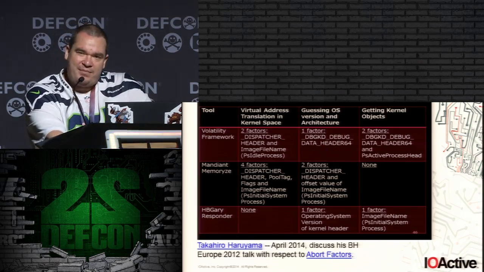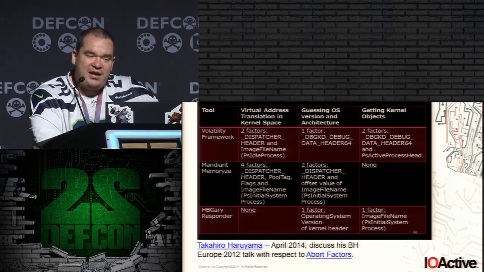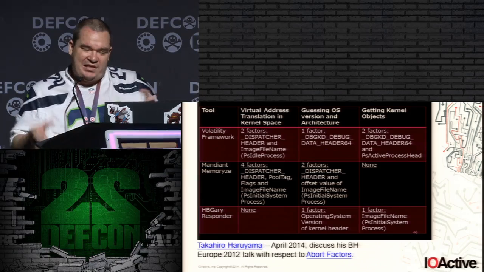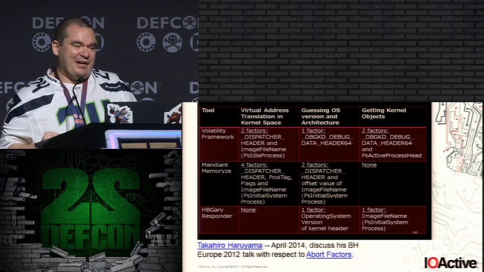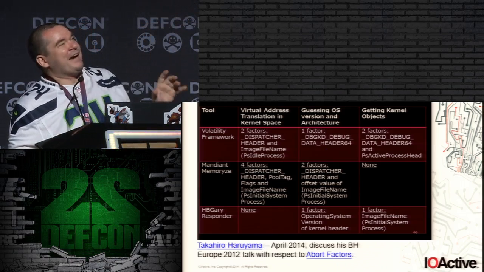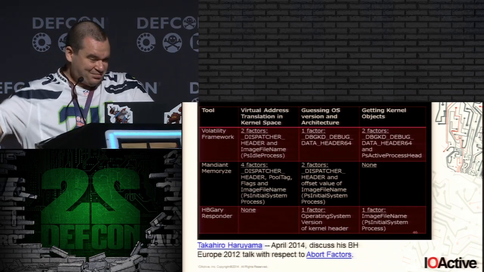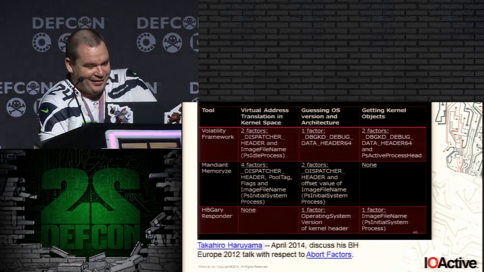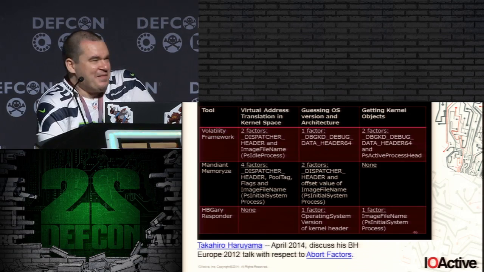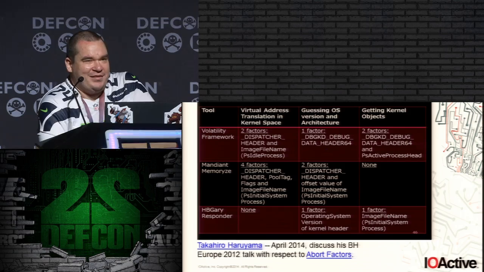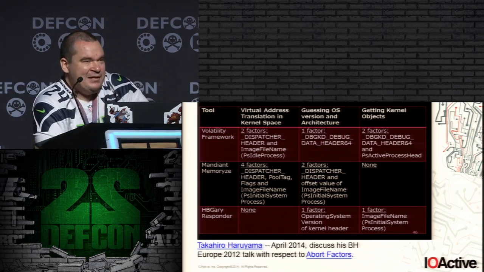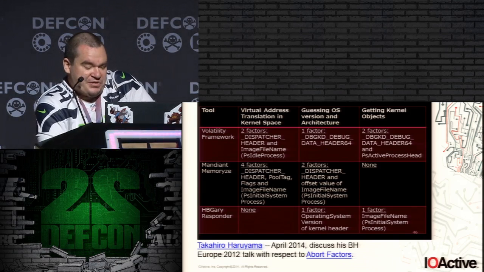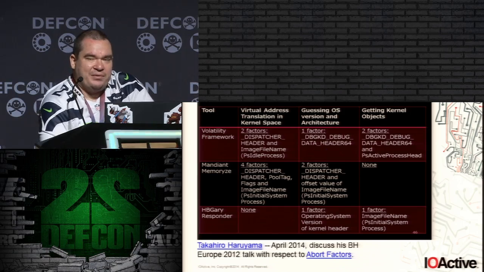So when you're analyzing memory and trying to find out what's in there, there are these little gadgets, like flipping a bit here, flipping a bit there in these advanced, low-level areas, the debug data header 64 thing, where I think with just one bit, this guy crippled all this software. Mandiant, HBGary, Volatility, which are good to use as well, but can be crippled by this guy's technique, which is a little bit unfortunate.